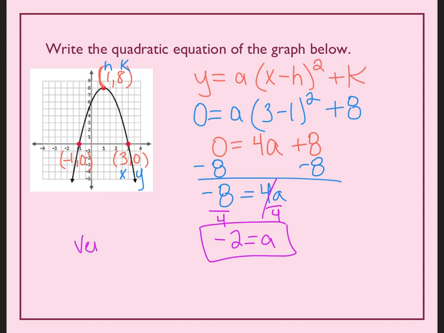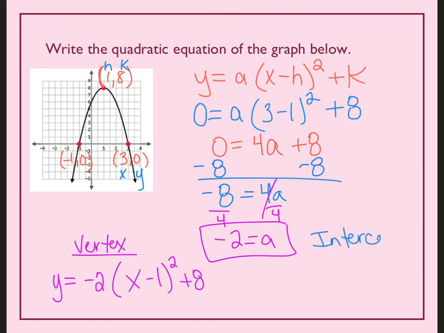So in vertex form, y equals negative 2, x minus 1 squared plus 8. There's vertex form. Well, what about intercept form? Well, look how easy this is going to be. y equals a.